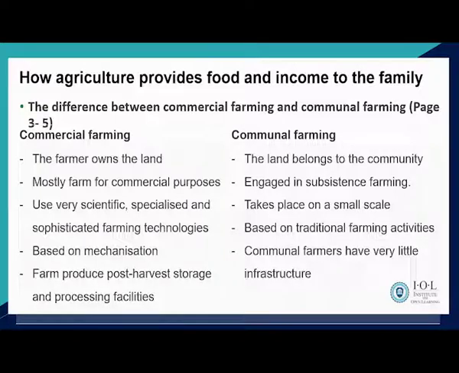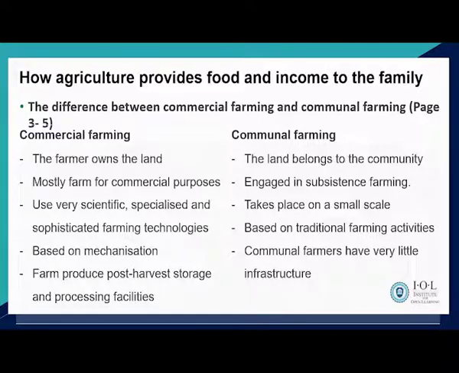Because commercial farmers are trying to make money, they make use of very scientific, specialized, and sophisticated farming technologies so that they maximize their income. Communal farming, however, is done on a small scale.